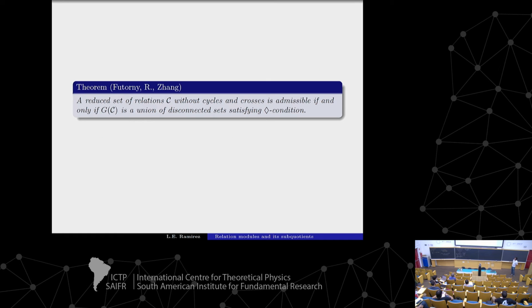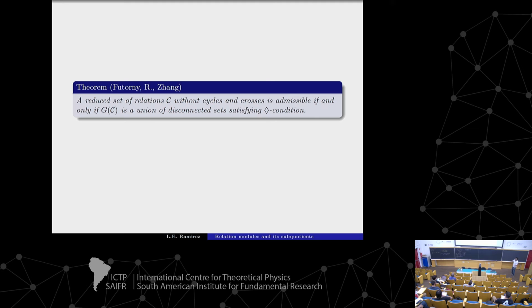Okay, so the theorem says, let me see. These first conditions appear after cleaning all the sets of relations. Those are bad things that we don't want because we don't get admissible models.